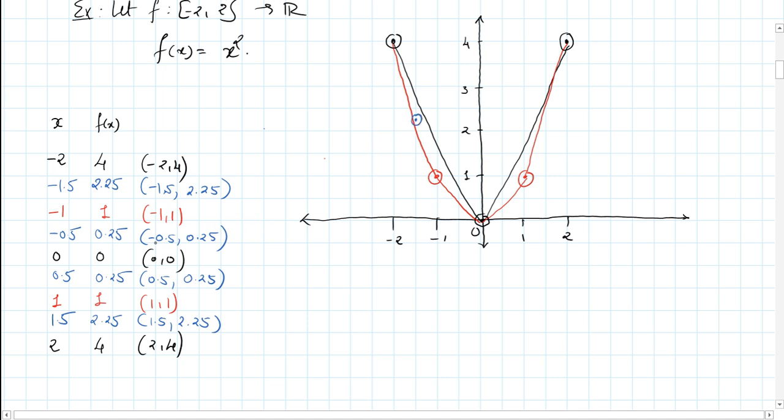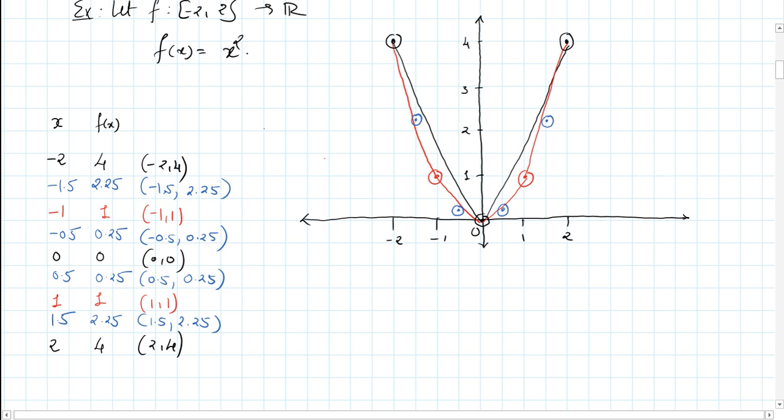Then minus 0.5, 0.25, a point somewhere here. Then 0.5, 0.25, a point somewhere here. And 1.5, 2.25, a point somewhere here.